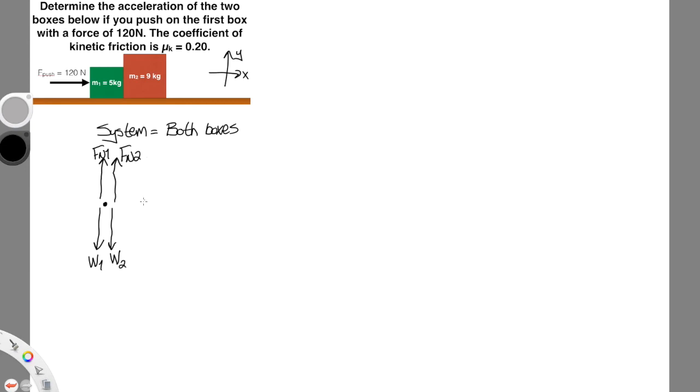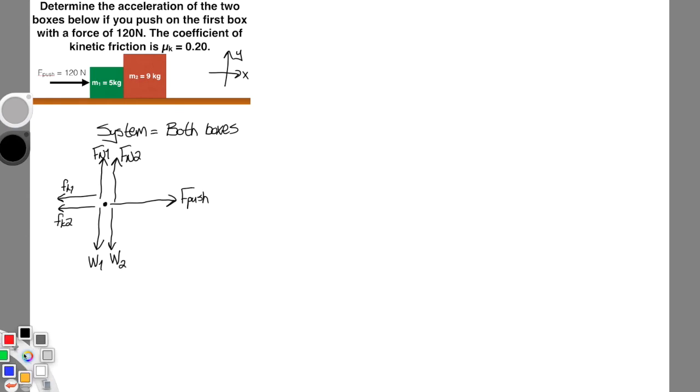The push force is still acting to the right, and friction still acts to the left. But now we've got two friction forces, Fk1 and Fk2. And that actually turns out to be it.